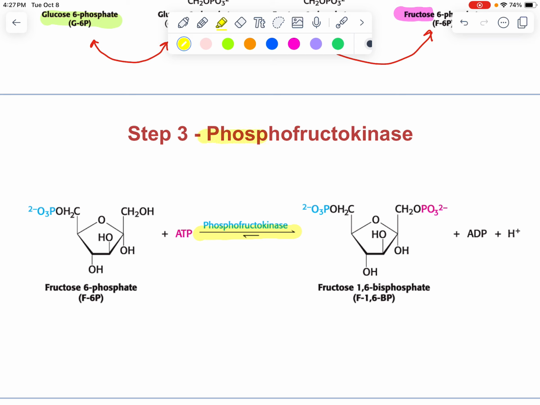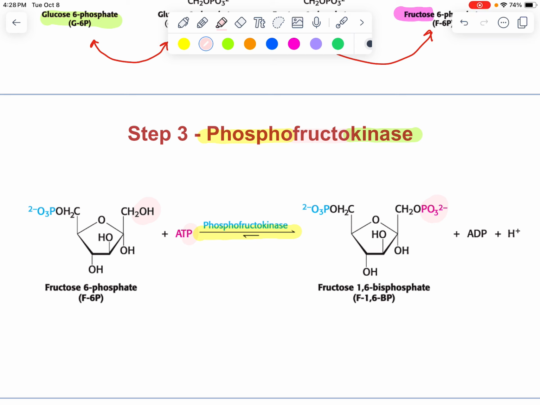But phospho, so we have a phosphorus. Right? Fructo, we've got that fructose cyclic compound. Kinase, we expect to see ATP and a phosphorus transferred. Okay, so phosphofructokinase. And we're starting over here. We have right here, this piece is going to gain that phosphorus.